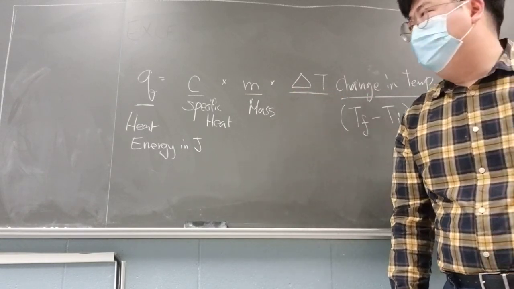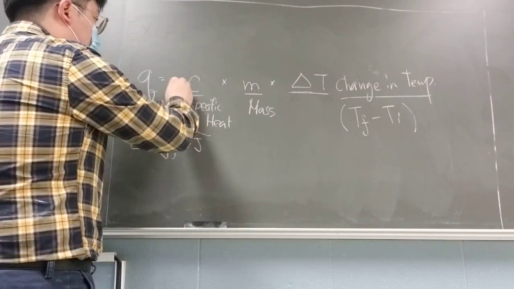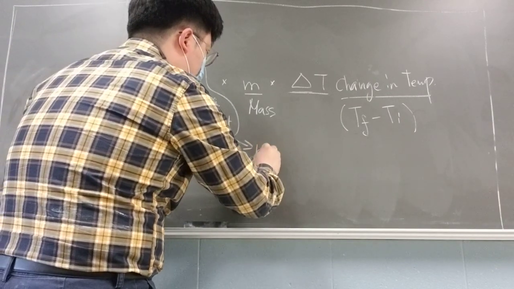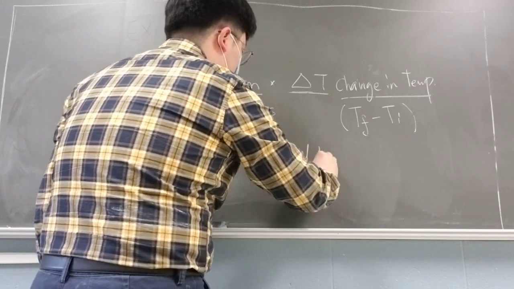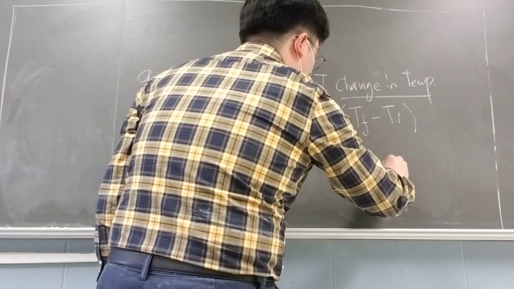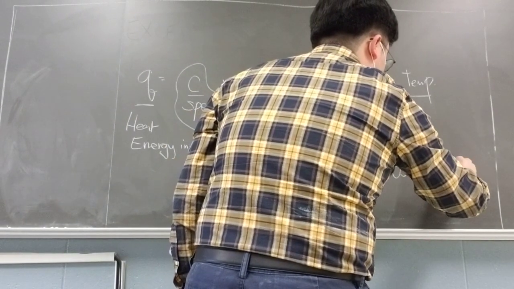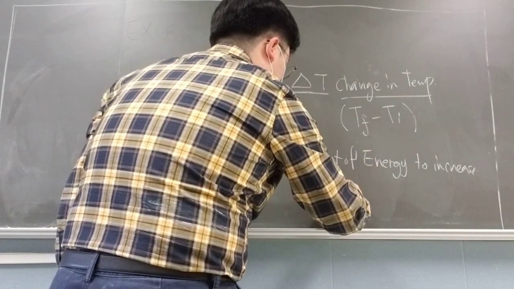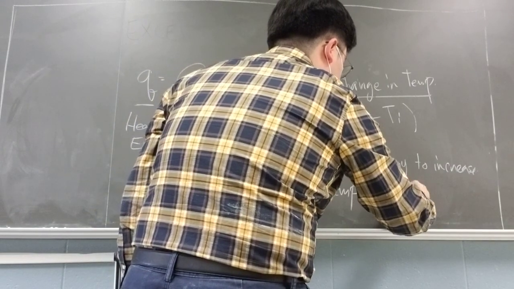Next slide. Okay, so here's the thing. Specific heat here is kind of a tricky one. This is the amount of energy required to increase the temperature of something by 1 degree.